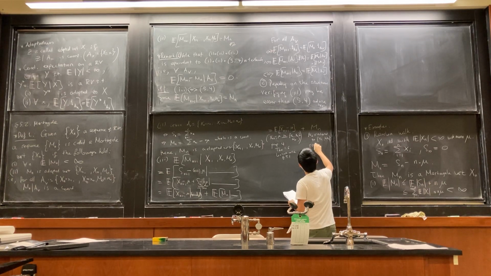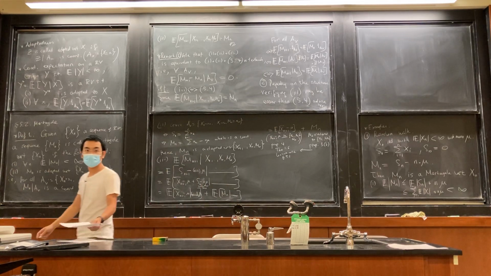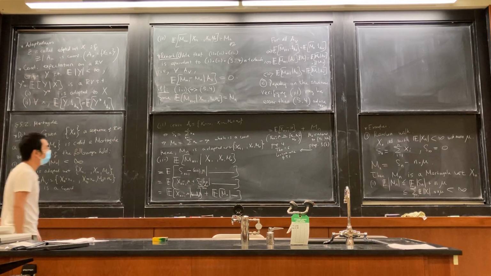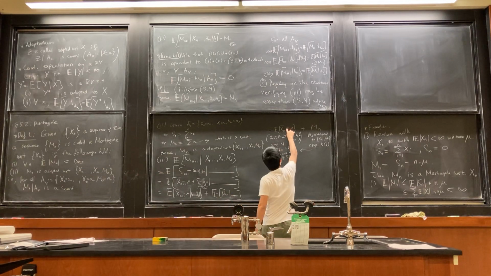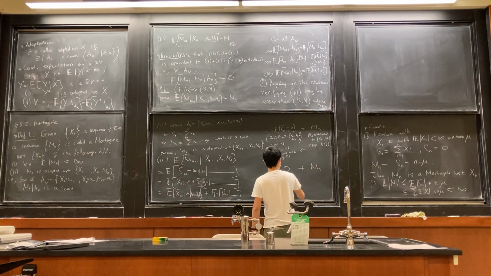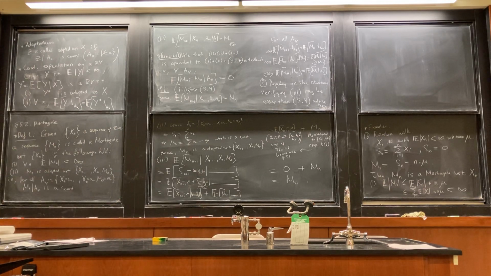Property 5. Consequently, this is just 0. So 0 plus... done. Okay.